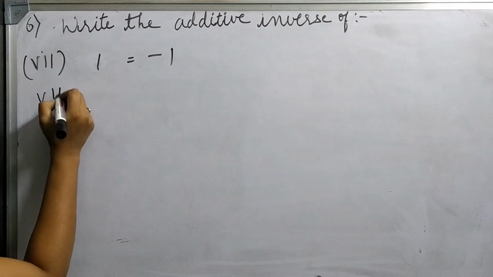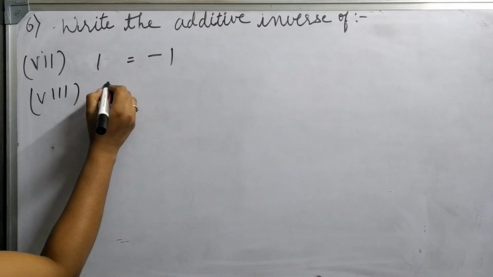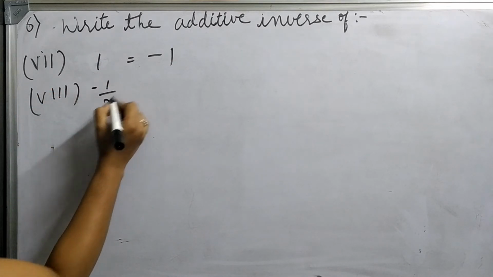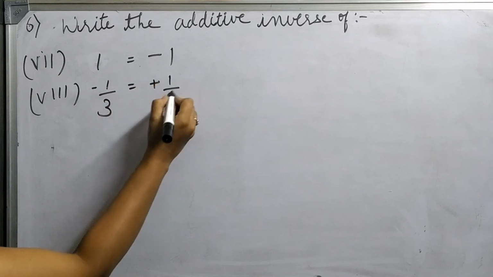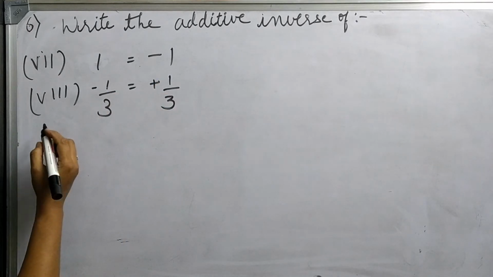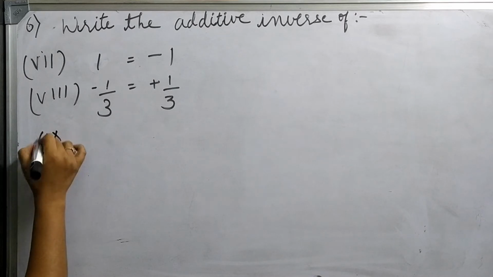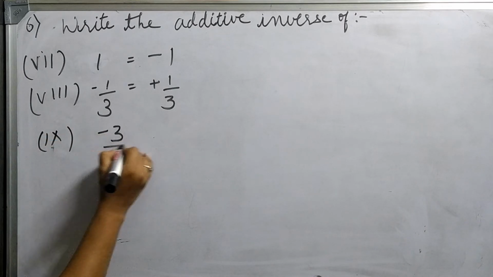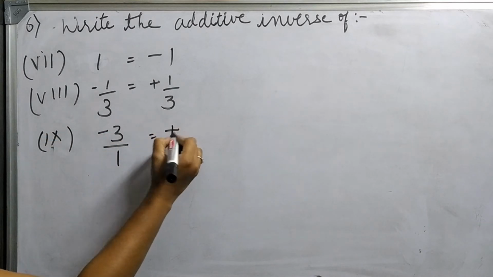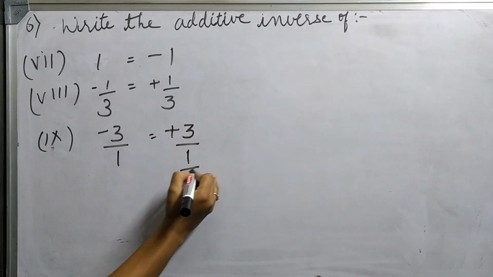Next, 8th one, what is the additive inverse of minus 1 by 3? It is plus 1 by 3. Now, last one, what is the additive inverse of minus 3 by 1, which is equal to plus 3 by 1.